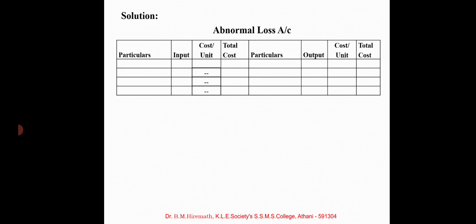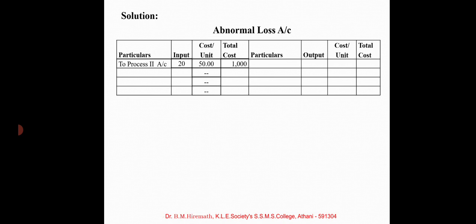So here abnormal loss account debtor to process 2 account. To process 2, how many units? 20 units. And normal rate of process 2 is rupees 50. 20 units into 50 is equal to 1000.